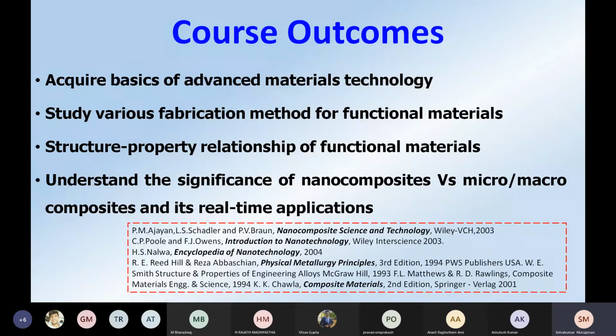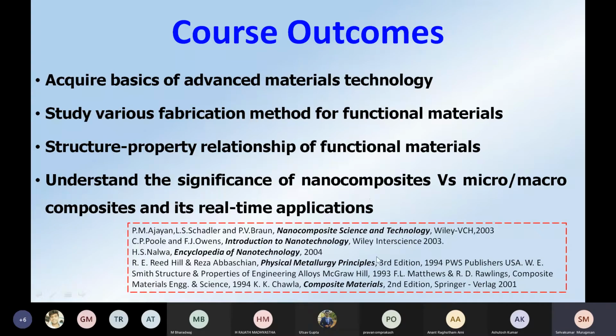And at the end, we'll study the significance of nanocomposites and their comparison with microcomposites and macrocomposites. And then we'll see a lot of real-time applications, like how exactly the smart materials or the functional materials or the engineering materials are used in different applications like automobile, biomedical sectors, etc.